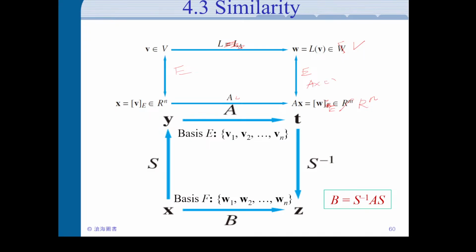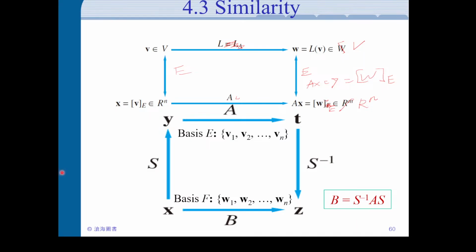So we have a basis E, but we can do another change of basis to some basis F. We can change from E to F, and basis F will give the coordinates of the starting point and the coordinates of the end point.